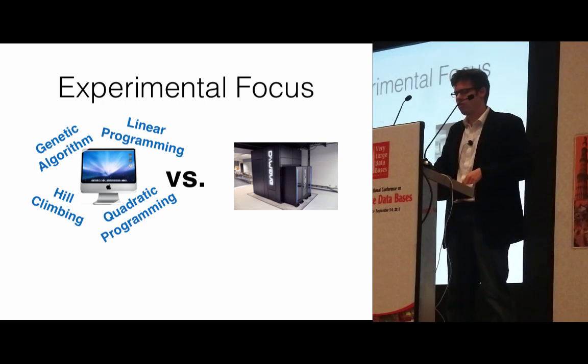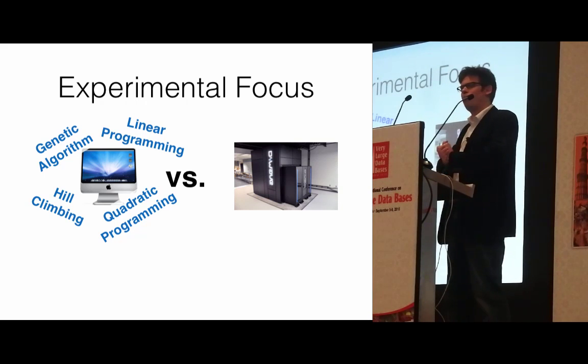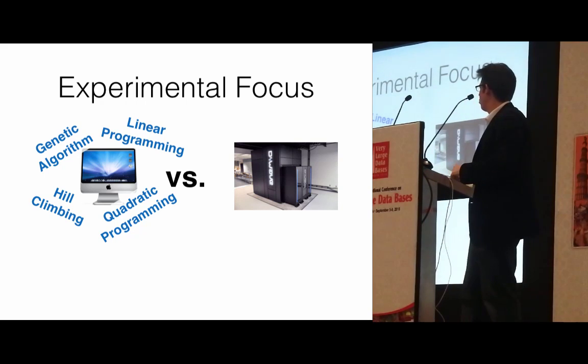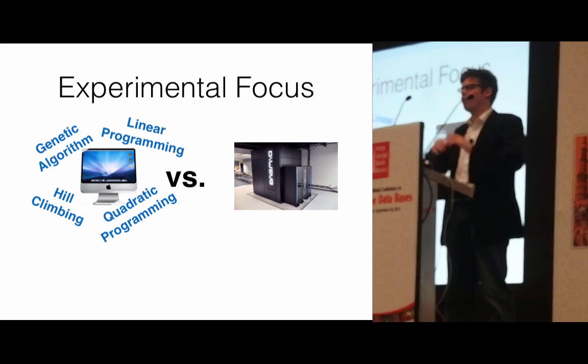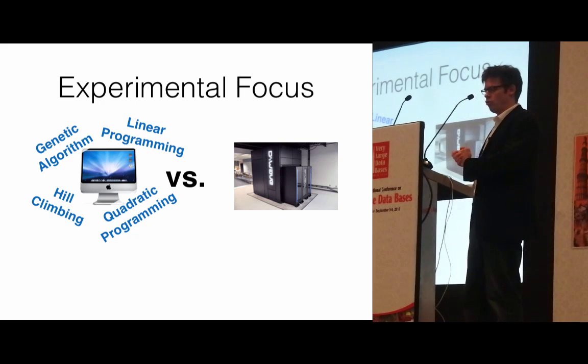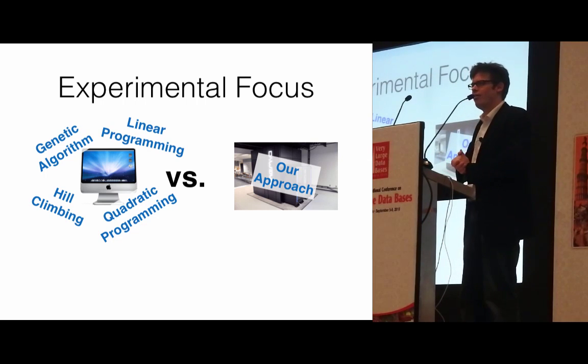On the classical computer, we ran all those algorithms that are commonly used for multivariate optimization, such as genetic algorithms, hill climbing algorithms, quadratic and linear programming, also using linear programming for approximating the solution, while on the quantum annealer, we only run our approach, since it is so far the only one available.